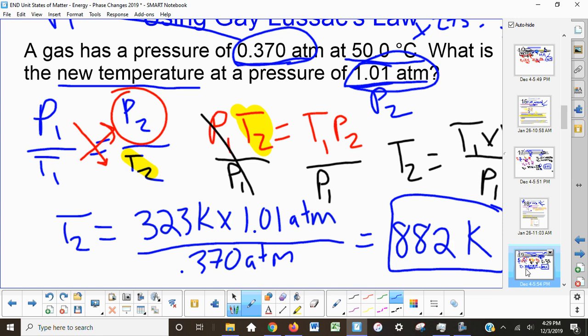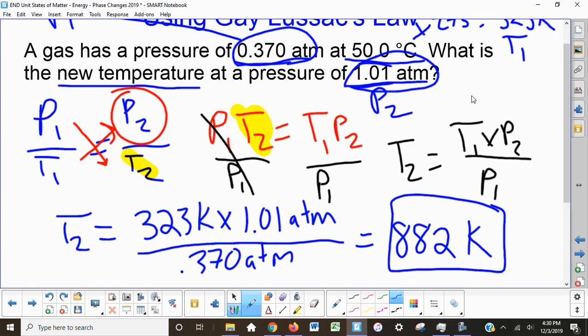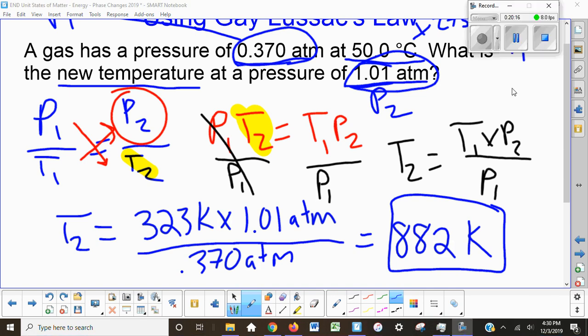These are just some sample problems. We will do more, and we will also learn about the combined gas law in class. But this should at least show you some of the mathematical problems that you're going to be asked to do, and then you have this in your pocket if you need to rewatch it. So you have some sample problems of the three relationships of the variables, looking at pressure and volume, volume and temperature, pressure and temperature.